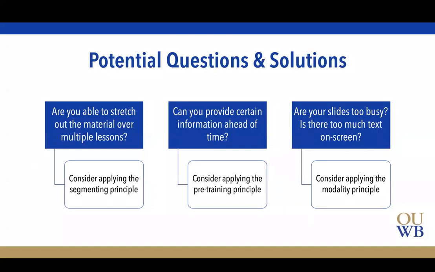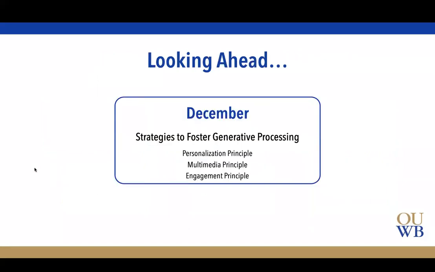So those are today's principles, all associated with that idea of trying to manage essential processing, allowing students to select the correct information so that they can eventually engage in that process of organizing that information and integrating it. And that's where we'll lead off next month. Next month, we're going to talk about strategies to foster generative processing.